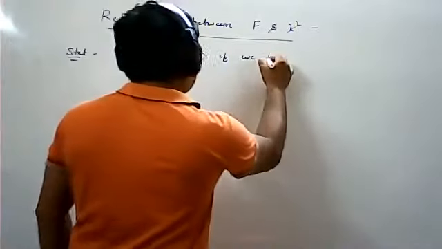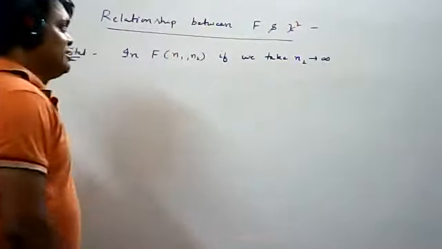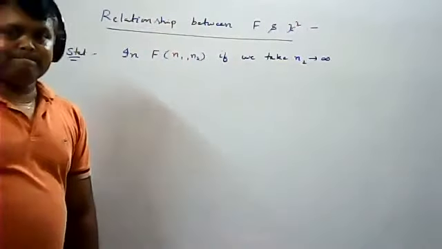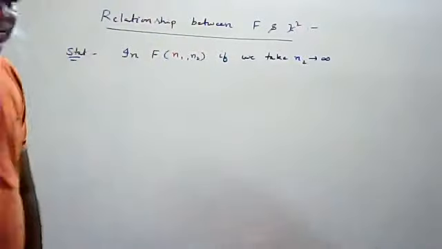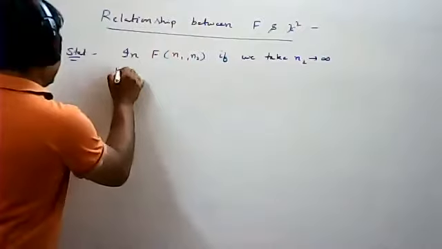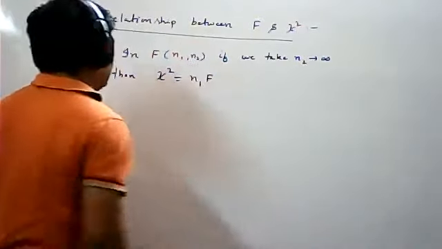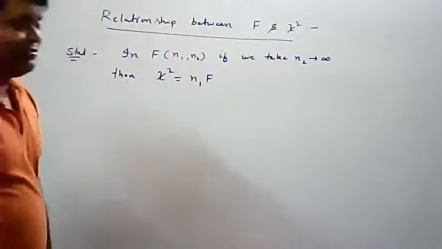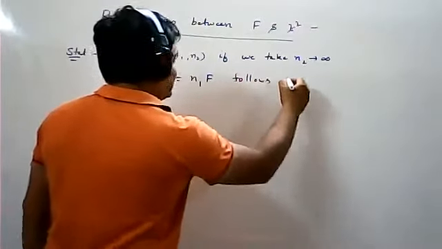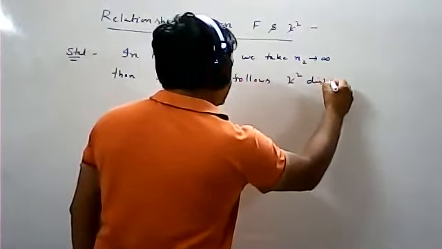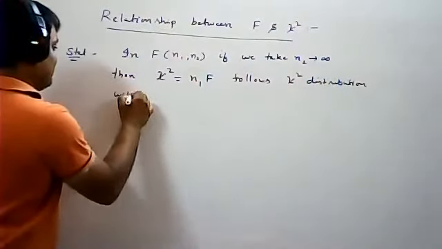If we take n2 tends to infinity, then chi-square equal to n1 into f follows chi-square distribution with 1 degree of freedom.